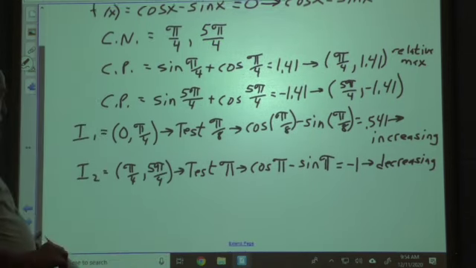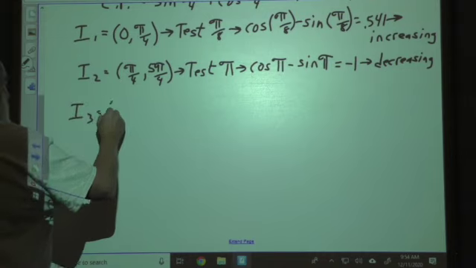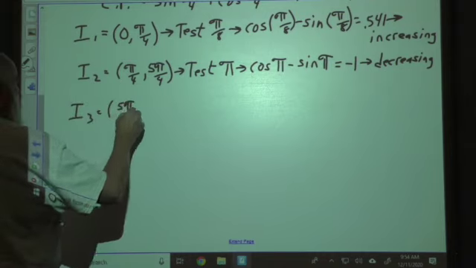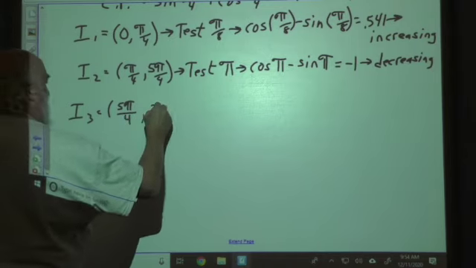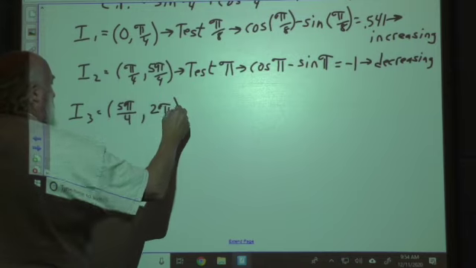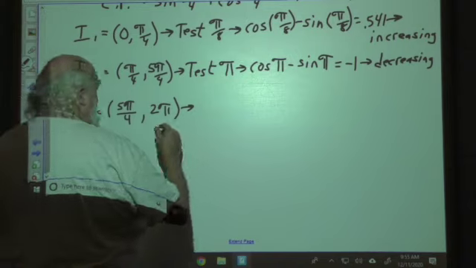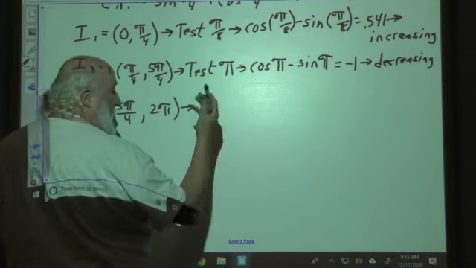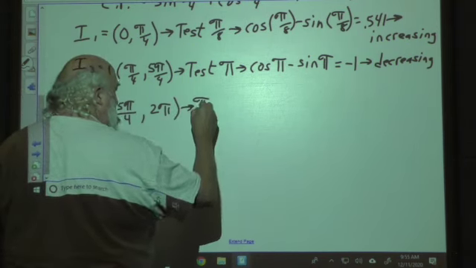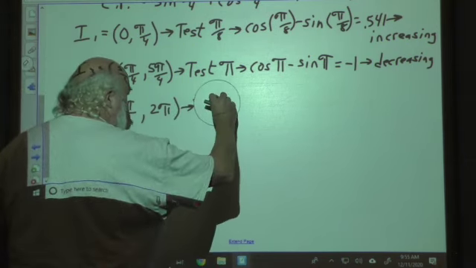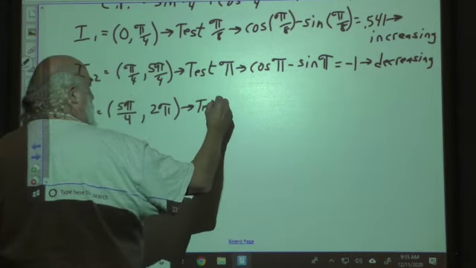So let's find out. We go to the last interval, I3, which is from 5 pi over 4 to 2 pi. I picked 3 pi over 2 as being somewhere in between those, so it doesn't make a difference as long as it's between 5/4 and 2 pi. So I'm going to test 3 pi over 2.